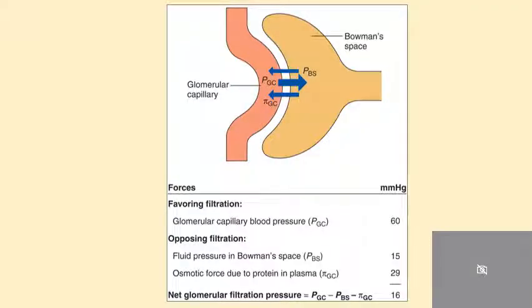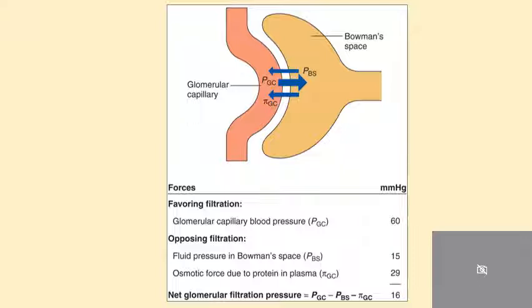We can use this diagram to think about all three forces, but first I want to tell you specifically about the hydrostatic forces. This diagram is very good for understanding the two hydrostatic forces that influence filtration. And there are two hydrostatic forces represented here because we have two different fluids, blood and filtrate, in two different containers. Blood is inside the blood vessel and filtrate is inside the glomerular capsule, or Bowman space, as the author has indicated.